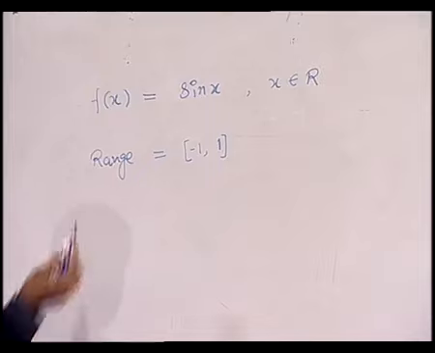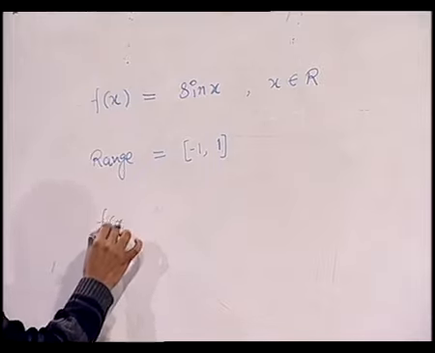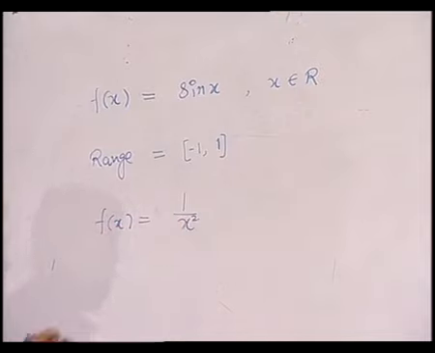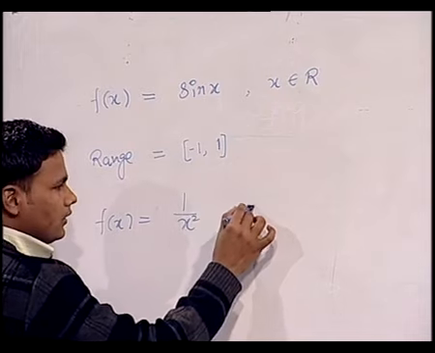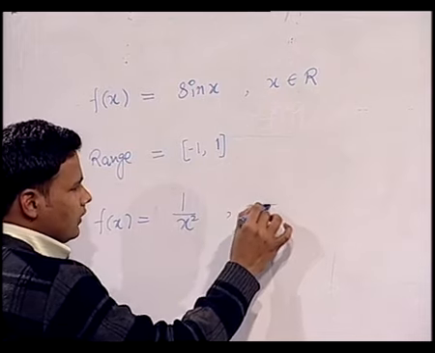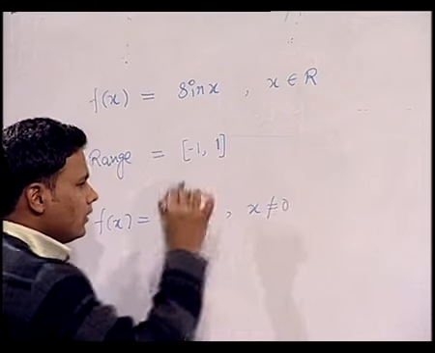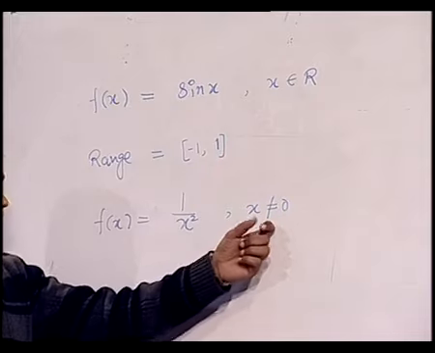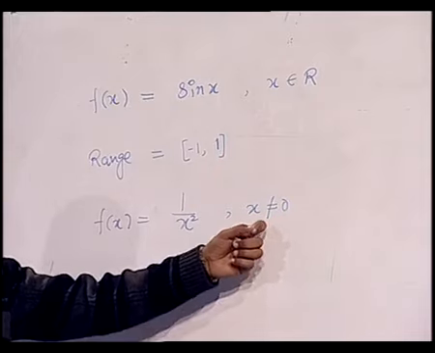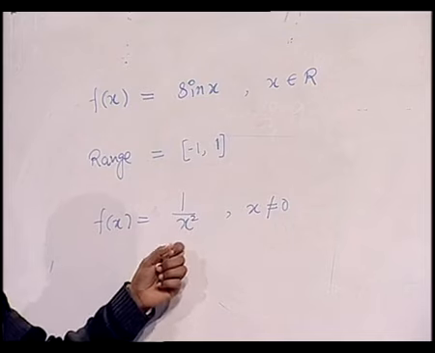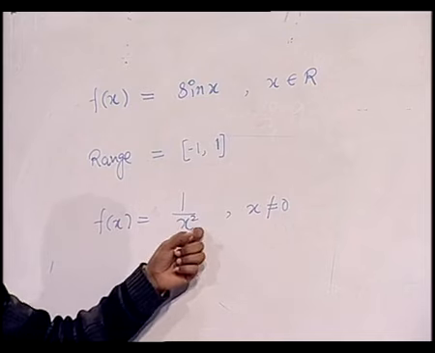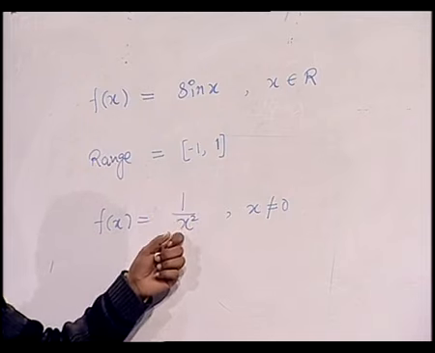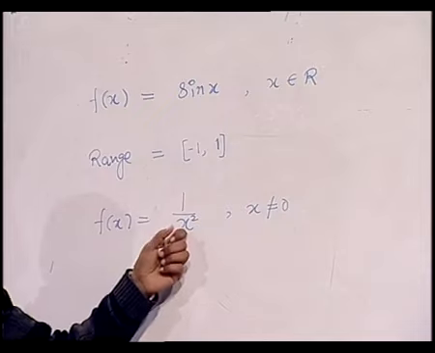Another function is f(x) = 1/x^2. Here the domain is the set of all real numbers excluding 0, because at 0 this function is not defined. If you put x equals 0, you will get 1/0, and that becomes infinity.